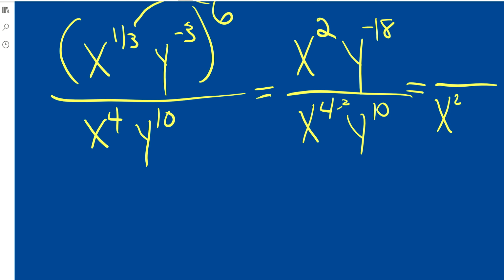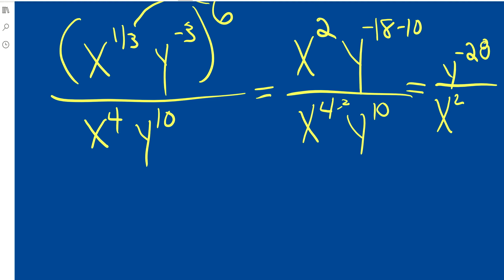That's going to give me x squared. Then I've got 10 minus negative 18. Or if I wanted to do it to the top, it would be negative 18 minus 10. I will, just because the arithmetic's a little easier. So y to the negative 18 minus 10 is going to give me y to the negative 28.